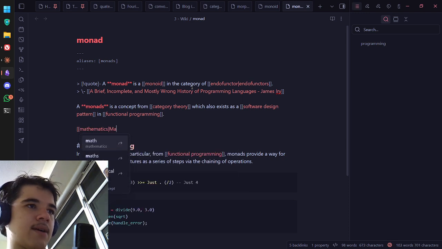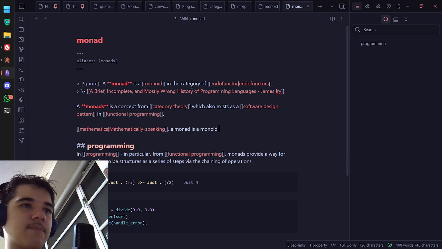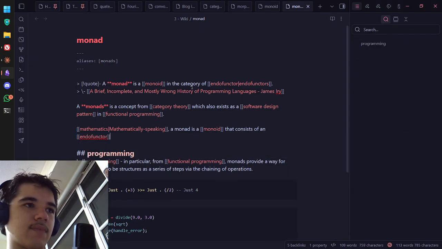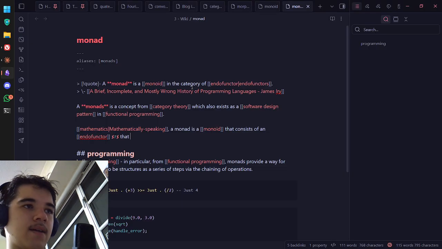Mathematics. Mathematically speaking, a monad is a monoid that consists of an endofunctor T that maps, or that, what's the word?